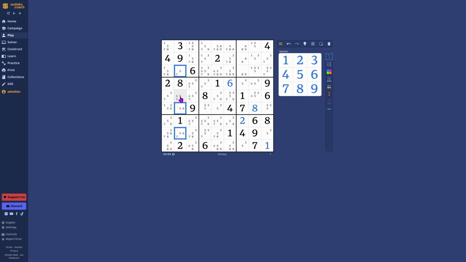So here we cannot have the 5 and 7, so we're left with a 4. Okay. Naked triple in this block. So we cannot have a 5 in here, so we are left with a 6. We cannot have 5, 3 here, we are left with a 1.